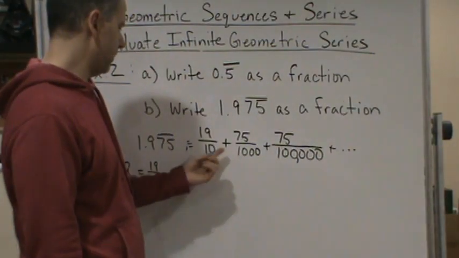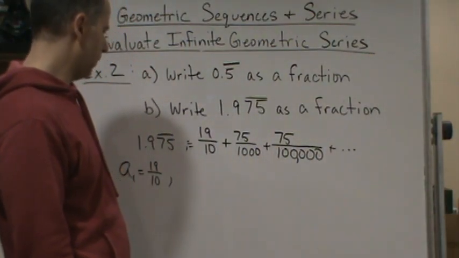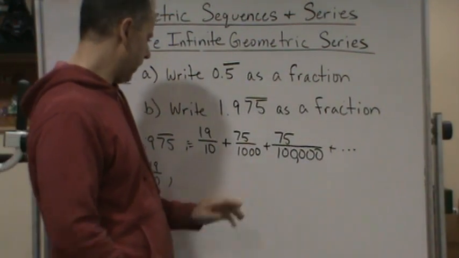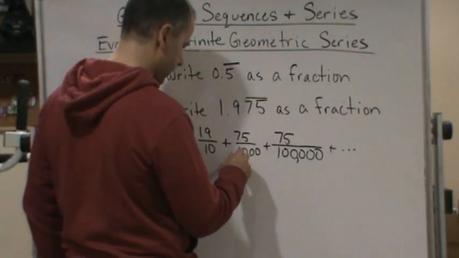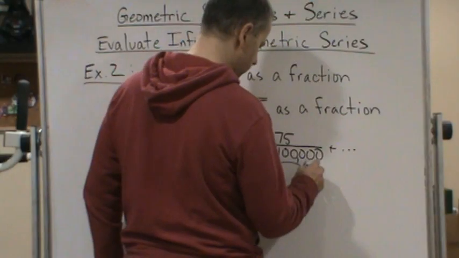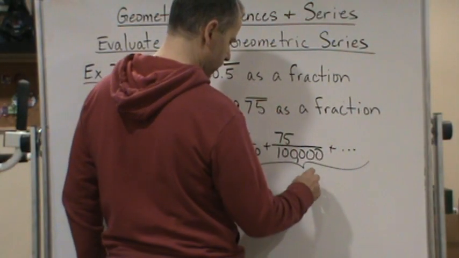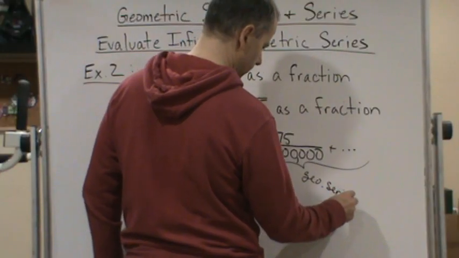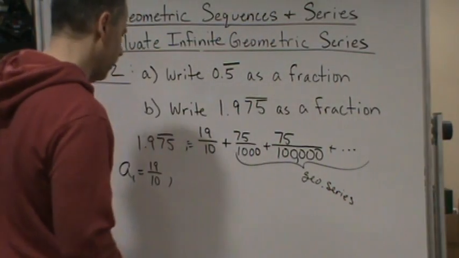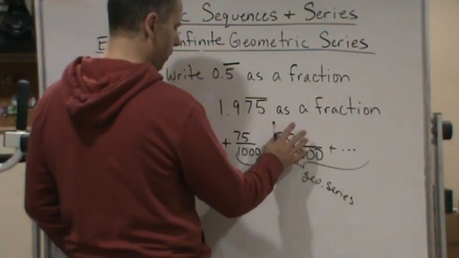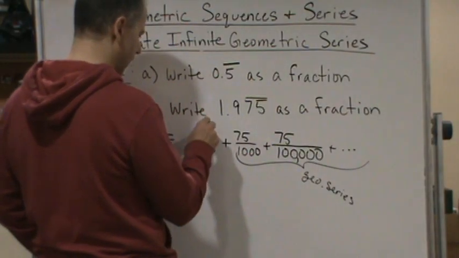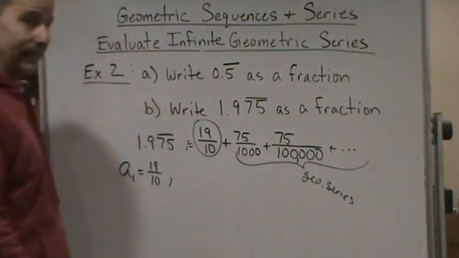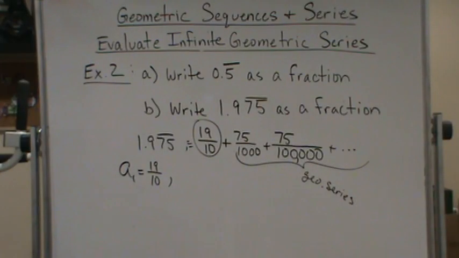But if you divide these two, you're not going to get the same result. So what we notice is from this term on, this represents a geometric series. So what we're going to do is we're going to use what we know on this part, and then we'll add this part at the end. Okay? Sometimes that's what you have to do.